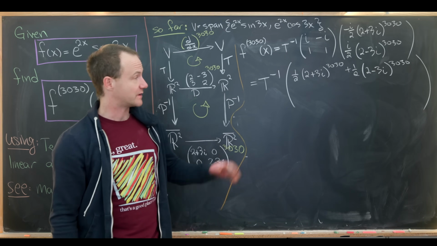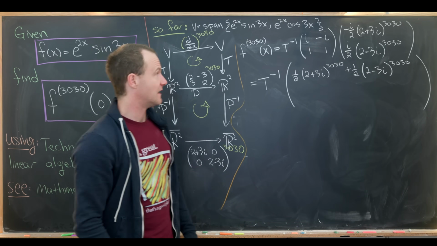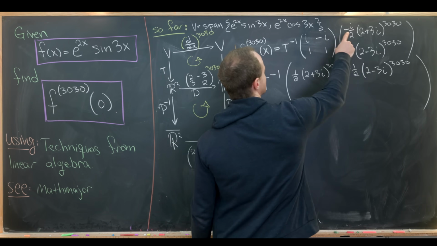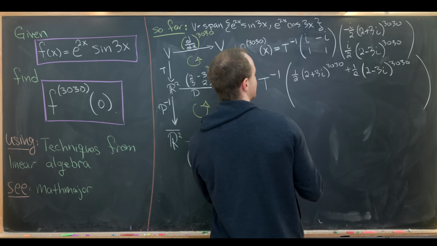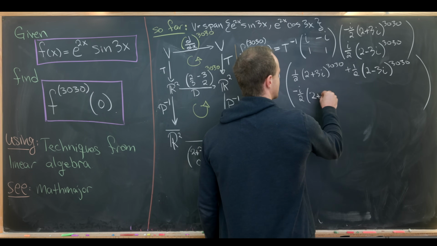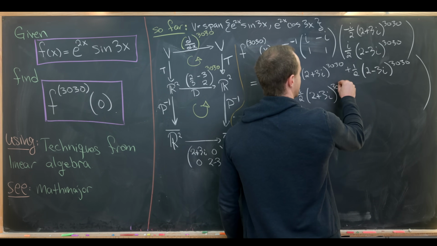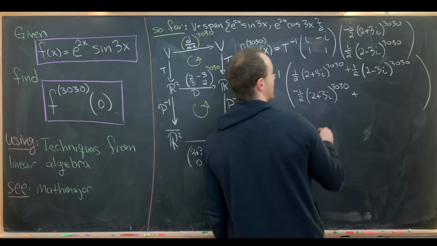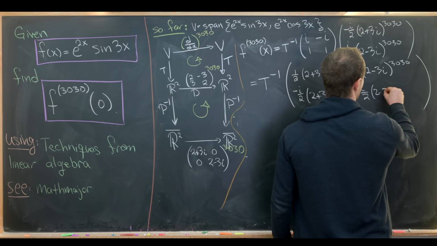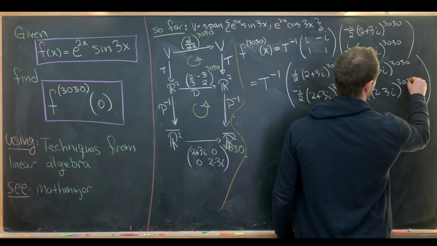So that's what we have in our first entry. And then our second entry will have essentially the same thing, but the multipliers will be negative i over 2 and i over 2. So minus i over 2, (2 plus 3i) to the 3030. And then plus i over 2, (2 minus 3i) to the 3030.